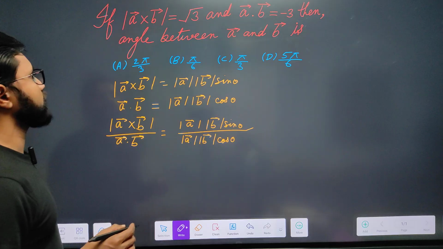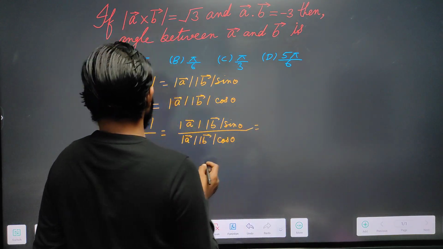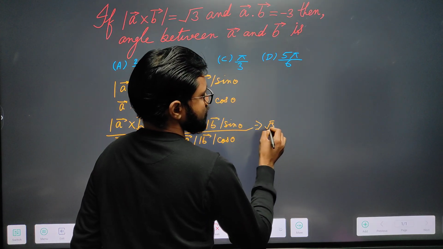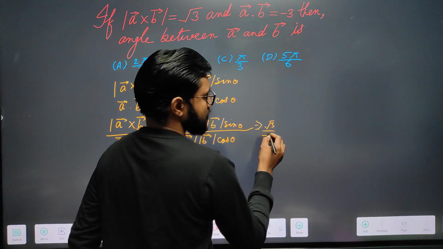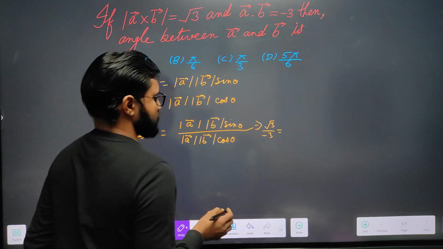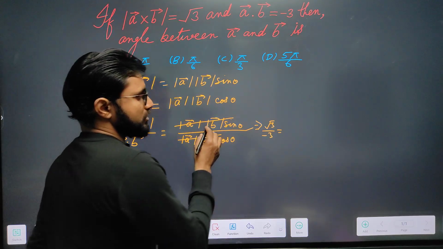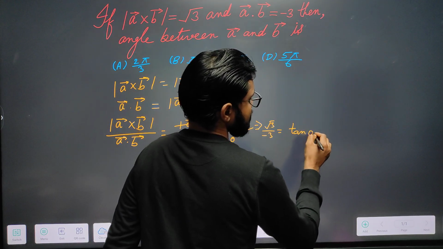And we are given that the magnitude of the cross product is √3 and the dot product is -3, equal to this, and this cancels out. Then here it becomes sin theta by cos theta, that is our tan theta.